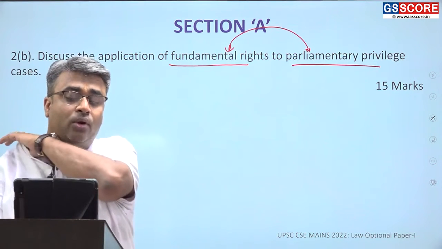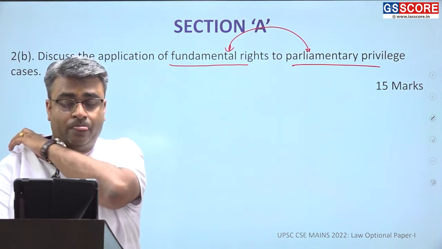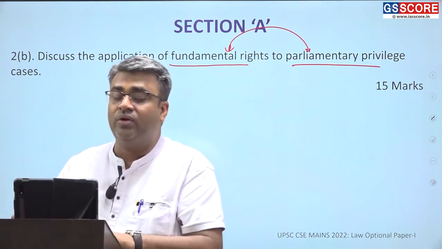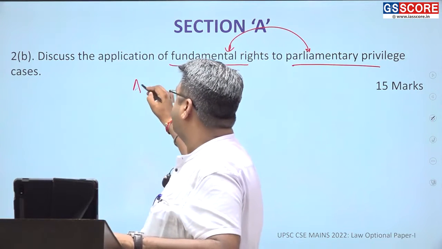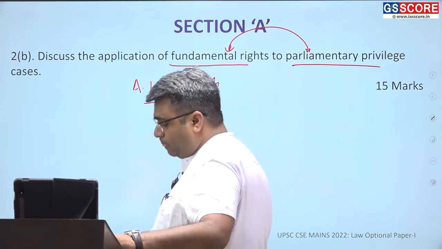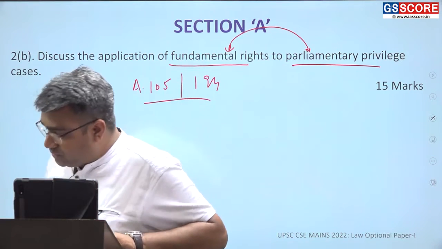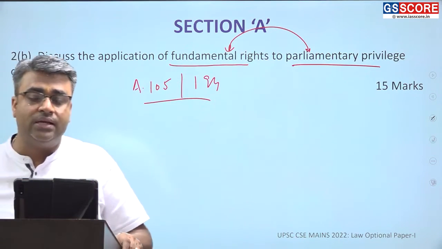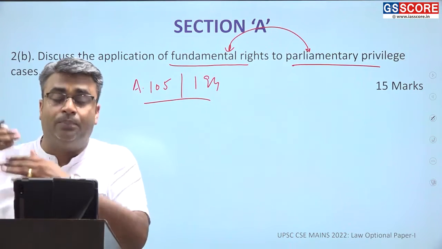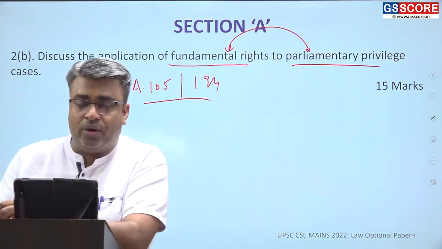When you talk about parliamentary privileges, all of you know very well Article 105 and Article 194. First of all, you should be well aware of which articles are relevant for you. Article 105 is about the powers of the parliamentarians, and Article 194 is about the powers and privileges of the state legislatures.